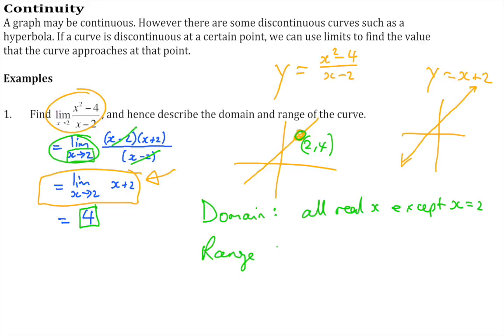As for the range, all real y except for y equals 4, because that point there that doesn't exist has a y value of 4 and an x value of 2, and that's where your y value of 4 and your x value of 2 come from. And you'll see there's your 4 and there's your 2. So the domain and the range of that particular graph are listed there. Bit weird, I know, but with practice you'll get to understand it.